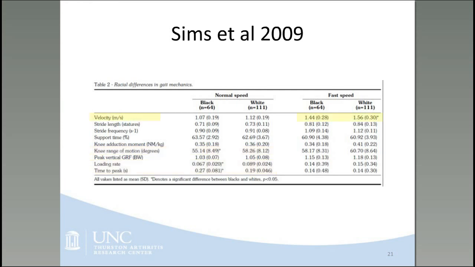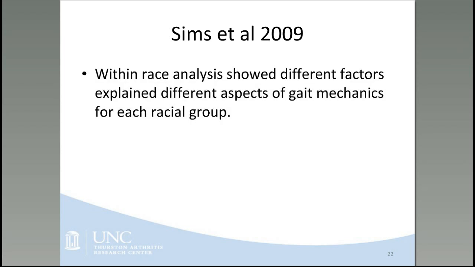But when walking at a faster speed, those differences went away. But interestingly, African Americans selected a slower fast walking speed compared to Caucasians. So that was the between race analysis. Within race analysis basically showed that different factors influence African American gait mechanics differently than Caucasian gait mechanics.